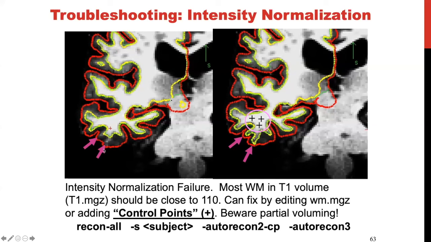What you do is add control points to your white matter volume. By adding control points, you're telling FreeSurfer to include these points the next time it runs through recon-all. It helps guide FreeSurfer to identify other regions with similar intensities that could also be white matter.